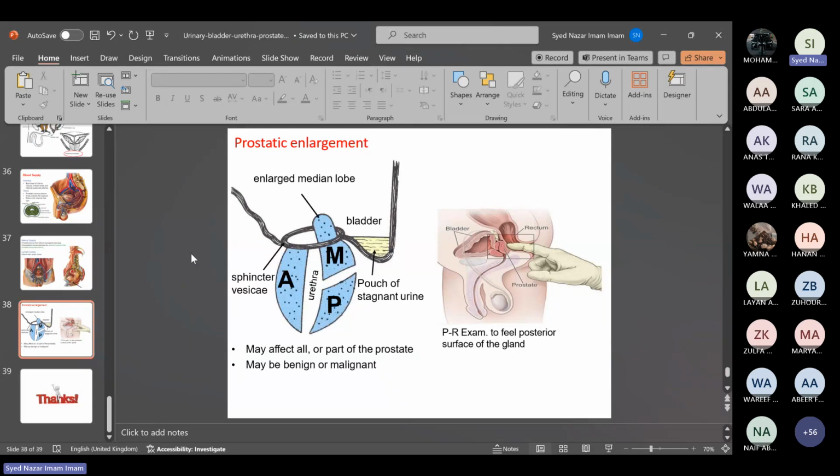What are the important relations of the pelvic part of the ureter in male and female? And most importantly, you should also look for the peritoneal reflection in male and female. You should know the gender difference: what structures are there in the male, what structures are there in the female, and how the peritoneal reflection differs between them.